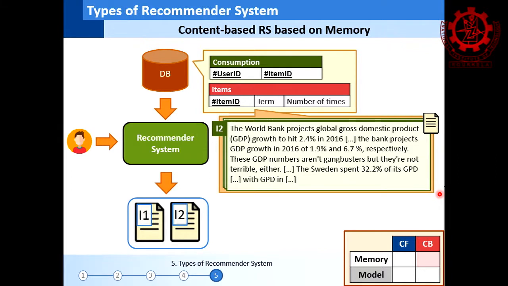And we also have a consumption table in which we store whether a user has consumed an item. This is implicit information, implicit feedback, because the user has not rated the item, only has consumed the item.